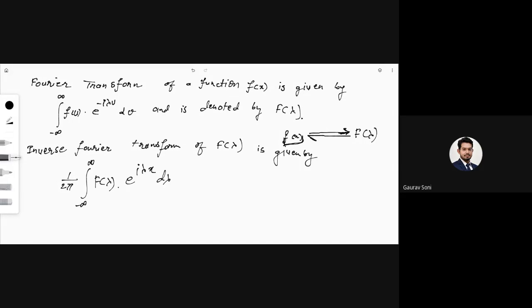So a function's Fourier transform is given by this formula. If you have a Fourier transform, then the original function will be given by this.